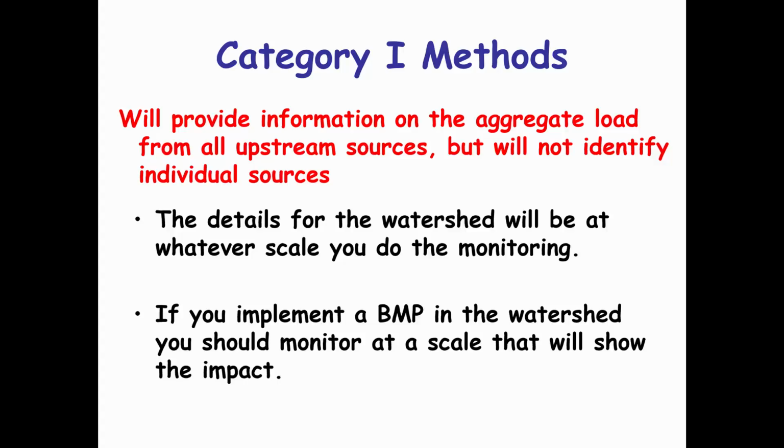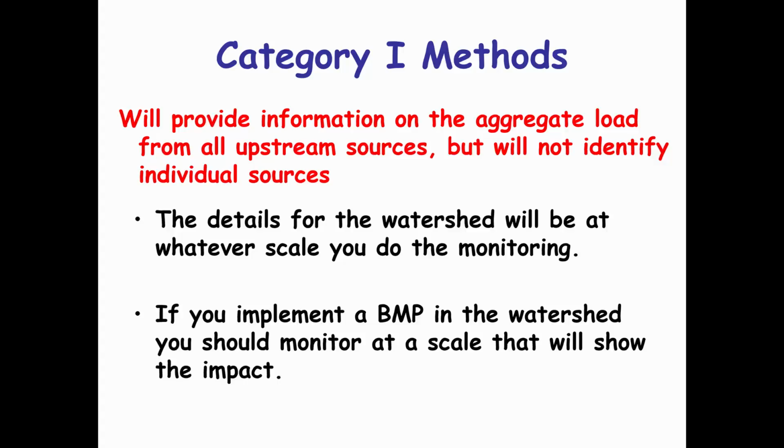So as an example, if you have a 5 square kilometer watershed and you're looking at nitrate, and you want to see the effect of, say, a saturated buffer on the reduction in nitrate coming out of the watershed, then you should try to do monitoring at the scale at which the saturated buffer is implemented, and that would be at a scale much smaller than the actual size of that 5 square kilometer watershed, unless, of course, you apply the saturated buffer at a lot of sites throughout the watershed.